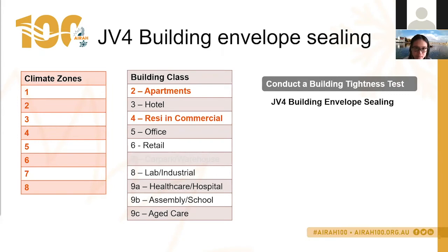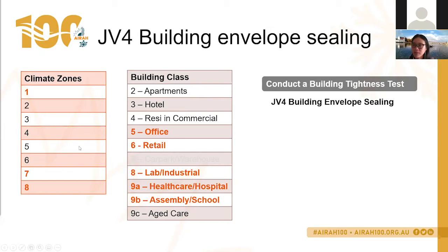Now, if you're looking at more standard commercial type buildings, where you're looking at office, class 6 retail, class 8, your labs or your hospitals or your schools, you can only use JV4 for climate zones 1, 7, and 8. Part of that is because for some of the other climate zones, the original analysis found that sometimes having infiltration could be net positive for energy for these building types.